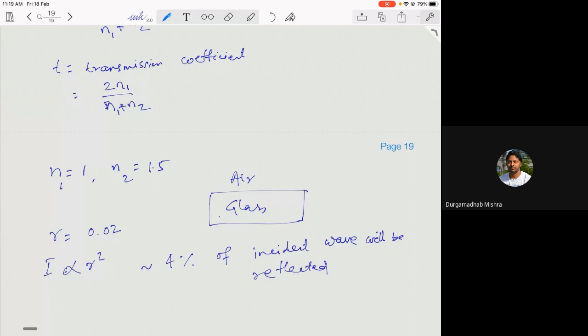So this is just at the air and glass interface. 4% of your wave will be reflected back, which is not good for some applications like a telescope. When you are using a lens to look at the sky, the intensity of the light coming in is small, so you want all the light to be transmitted with no reflection.